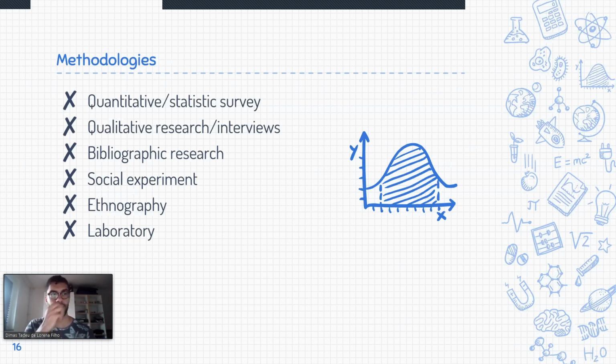You have qualitative research or interviews, and you're not going for the amount of people you talk to, but you're going for specific points. So normally those interviews are when you're talking to experts on something, or when you're talking to people who can really contribute to your research for some reason.